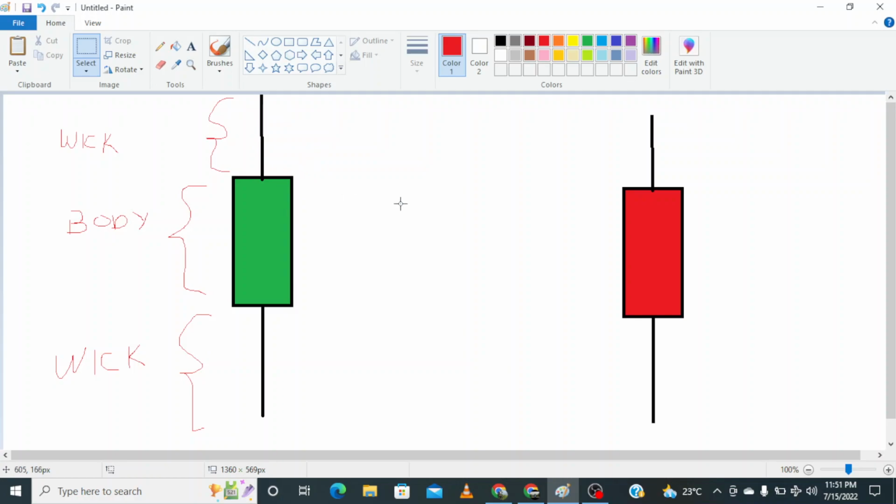We'll come back to that in a while. But what it is saying is that the price opened here. Whatever price it was, this was the opening price, the open. The highest point is known as the high.